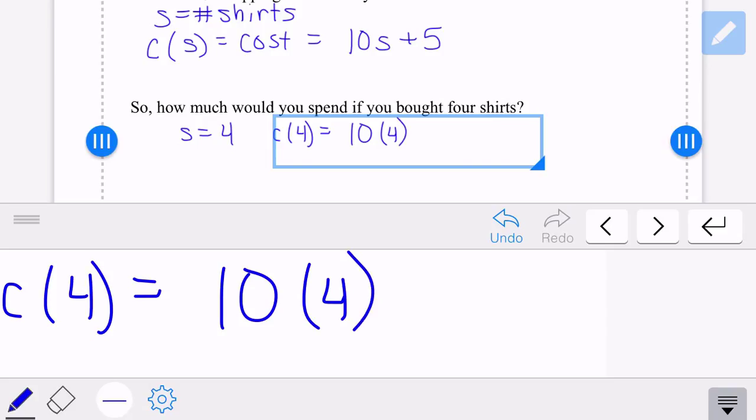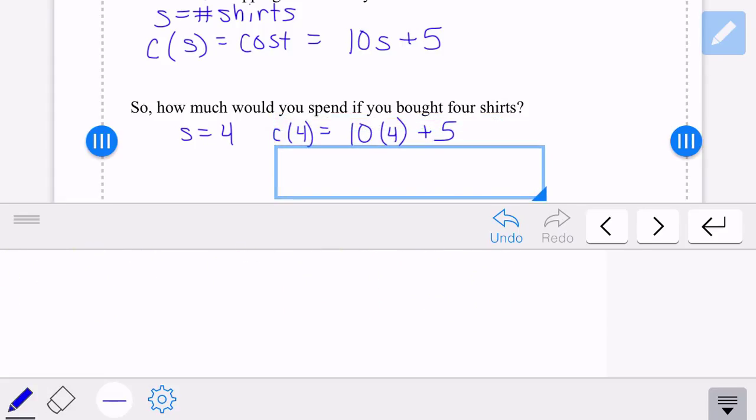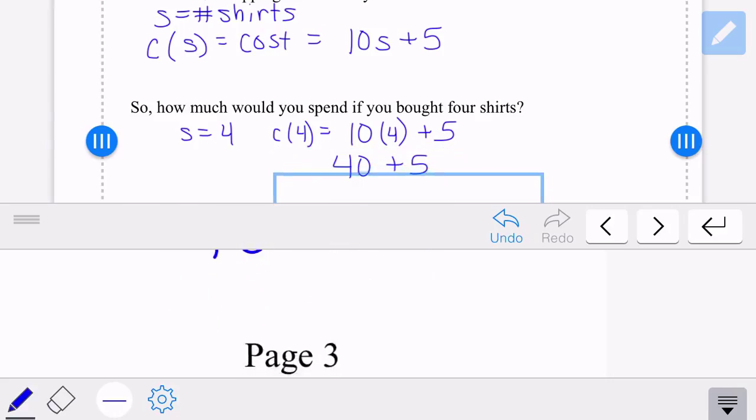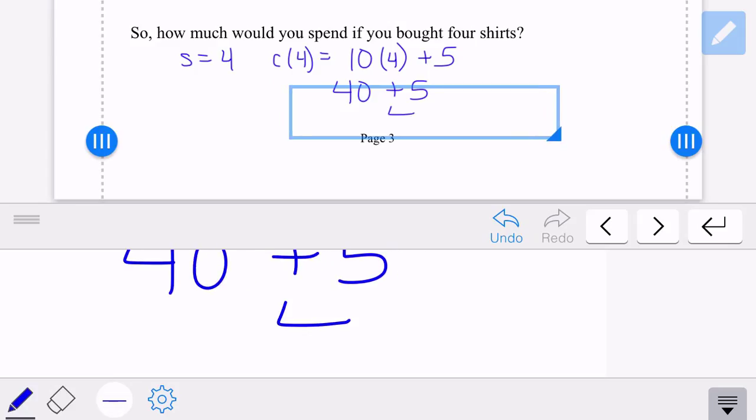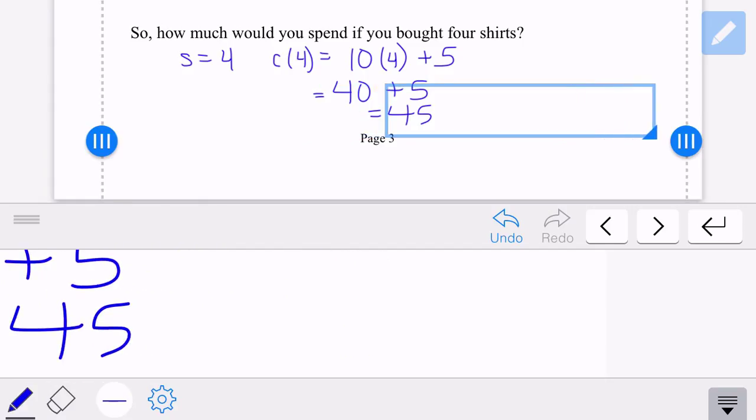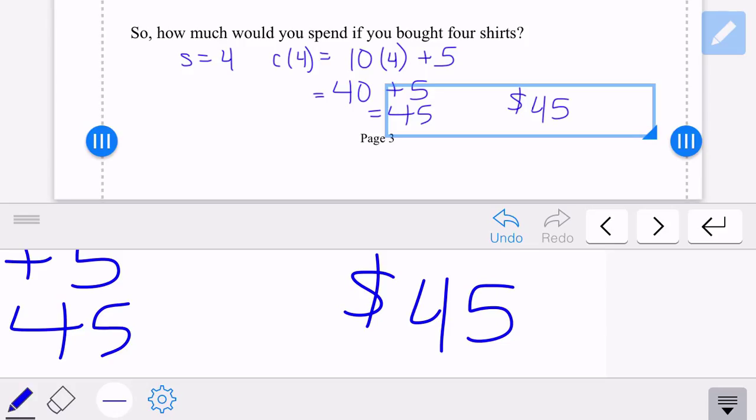So we're going to plug that into our function. And then we have to add on that 5. So 10 times 4 would give us 40, and then plus 5. And so our final answer for that would be 45. Okay? So we spent $45 if we bought 4 shirts on that order.